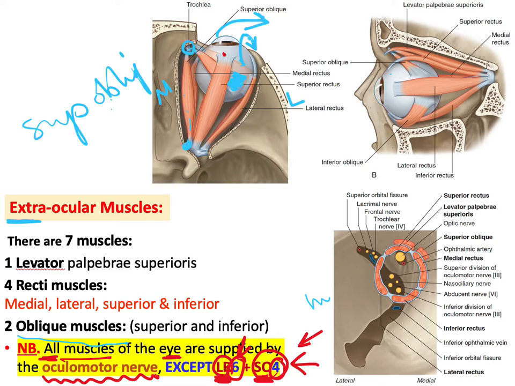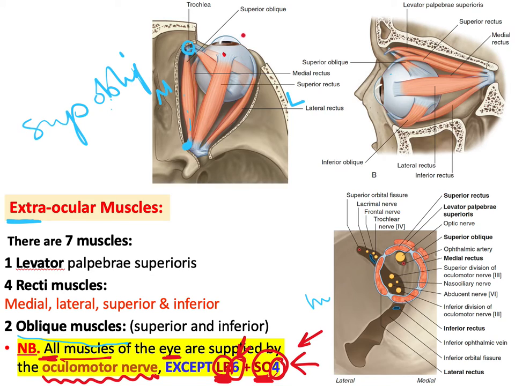It will abduct the eye. But regarding the rotation, we said that superior muscles internally rotate the eyes like this, right? So there are three terms, my friends: the movement of the eyeball itself and the cornea, for example, in the oblique muscle.